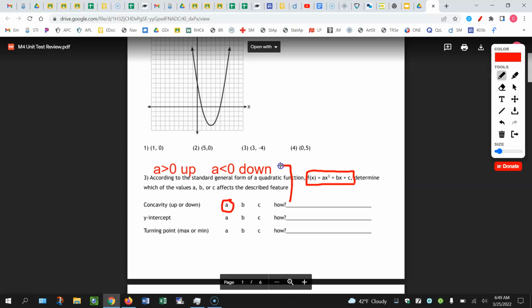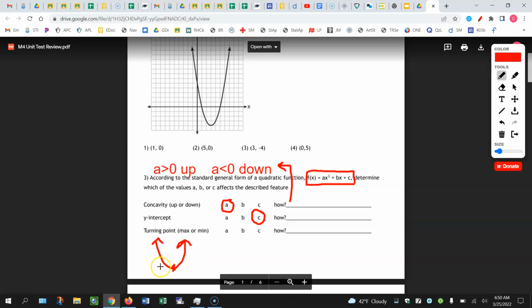The b is going to be what I just put up here. The y-intercept, we just talked about that, is C, just the number by itself. Forget about b, there's nothing. Now, as far as the turning point, which just means vertex, how to tell if it's a maximum or a minimum. Well, if the parabola opens up and we want to think about this point right here, this vertex, is it the highest or the lowest point on the graph?